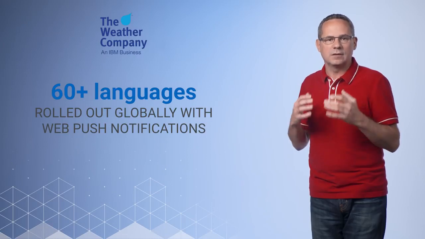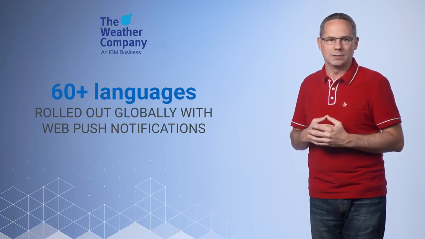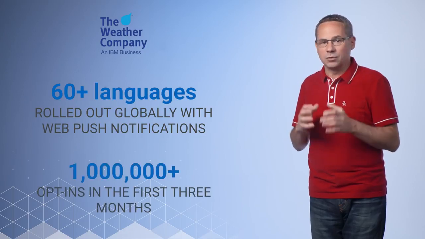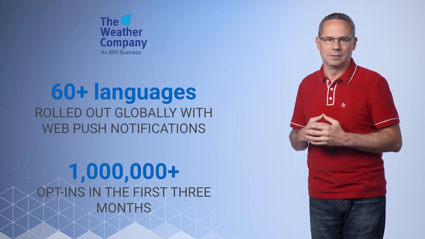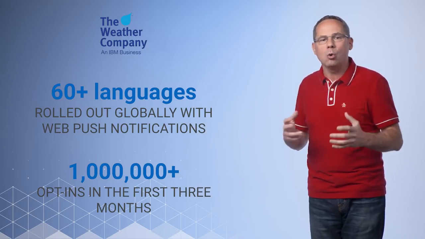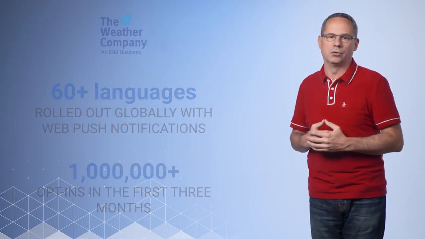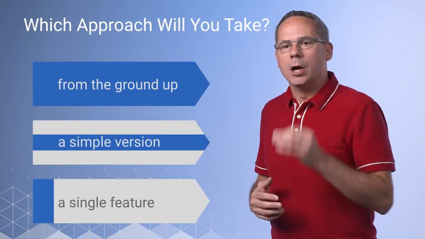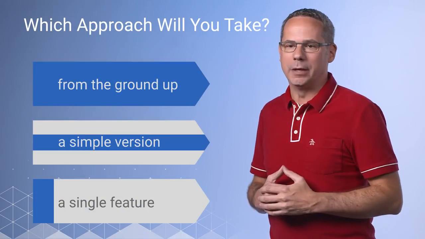This success sets them up on their journey to build a full progressive web app experience. In the first 3 months of rolling out Web Push, Weather saw over 1 million opt-ins. Web push notifications allow Weather to reach a whole new audience with the same set of notifications as their native app users. As you think about your journey, do what makes sense for your users, your site, and your company.